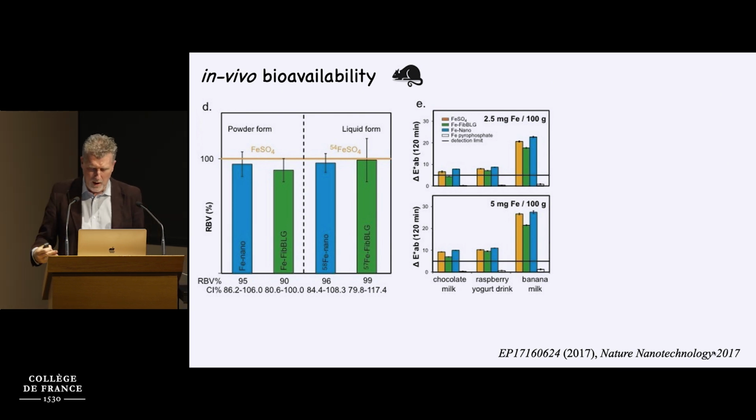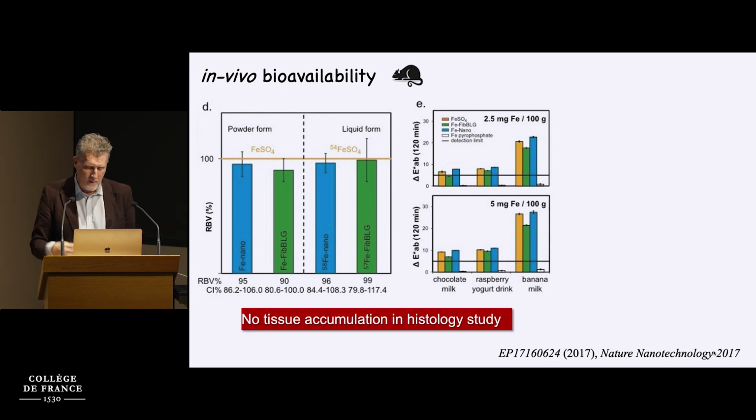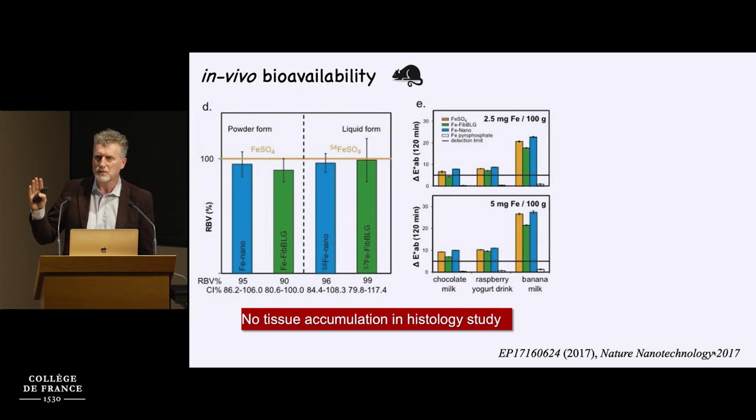So it works well from a bioavailability point of view. It works well from the sensorial point of view. And of course, we have run extensive histological studies. I think we have tested 15 organs, and we do see no iron accumulation. So the iron is really absorbed through the ionic form.